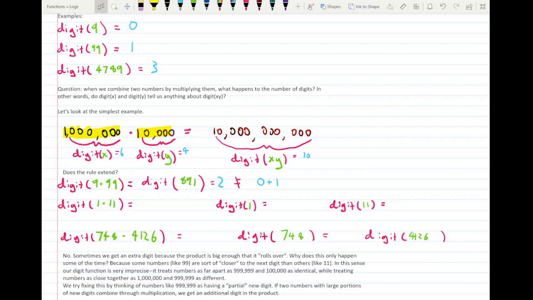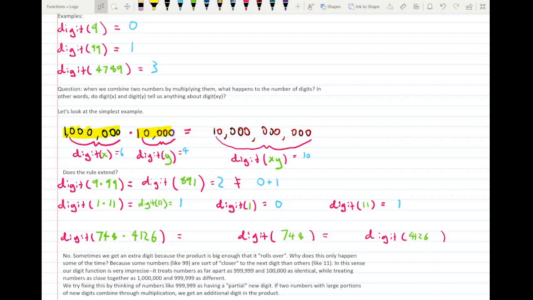On the other hand, if we take digit of 1 times 11, we get digit of 11, which is equal to 1. And in this case, we have digit of 1 equals 0, digit of 11 equals 1, and they do add up.